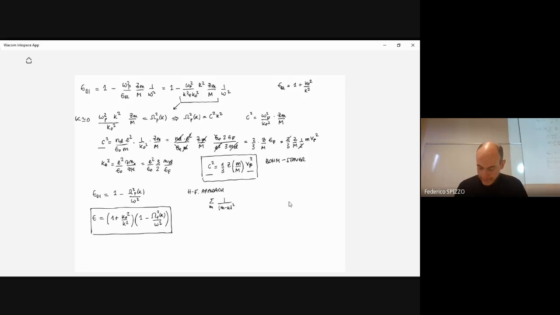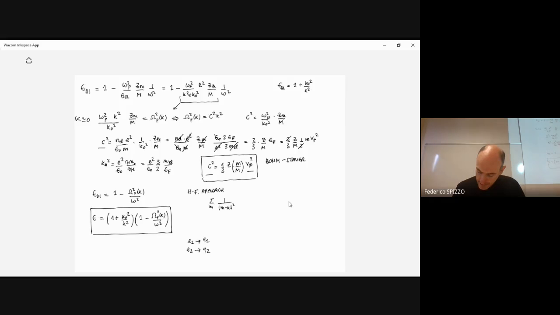So the idea is, if I want to apply now this full expression for the dielectric constant to the interaction between the electrons, I have to replace K by the difference between the wave vectors of the electrons that are interacting. So if I have electron 1 and electron 2 that are interacting through this dielectric constant, then one will have wave vector Q1, one will have wave vector Q2.